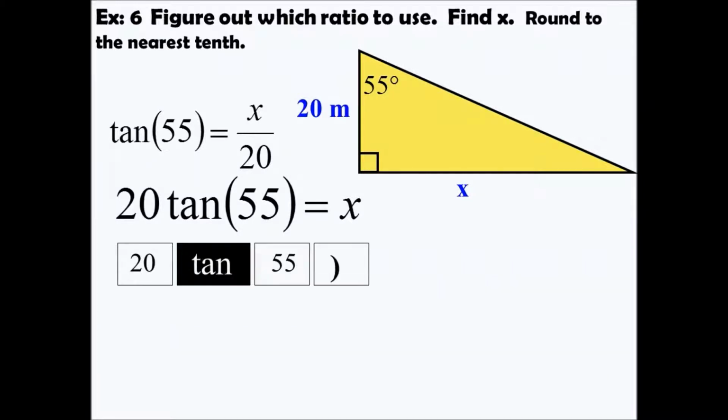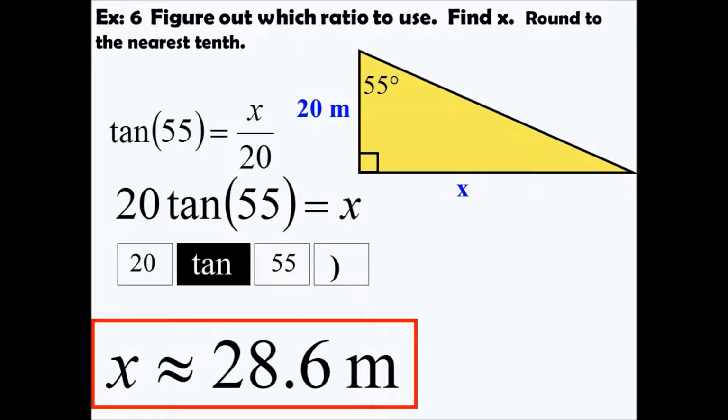Type into your calculator 20 tan 55 close parentheses, then hit enter. x is approximately 28.6 meters.